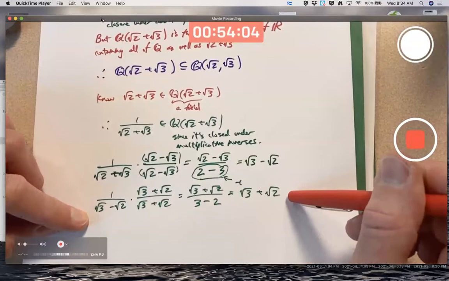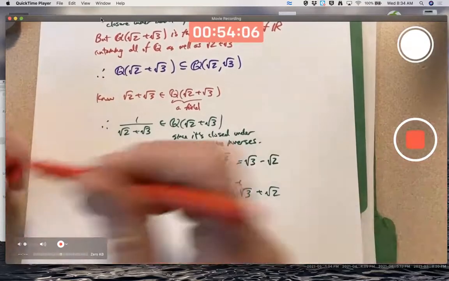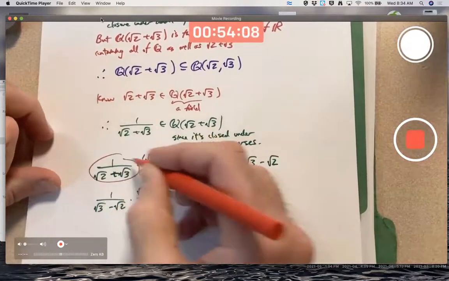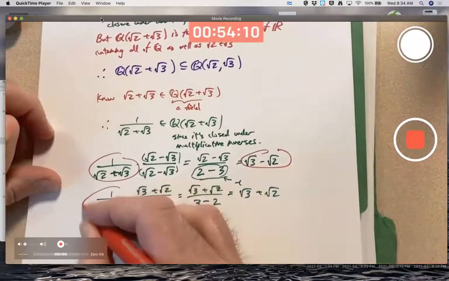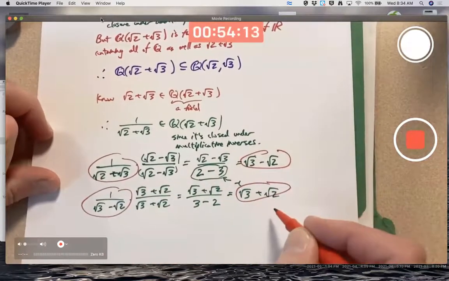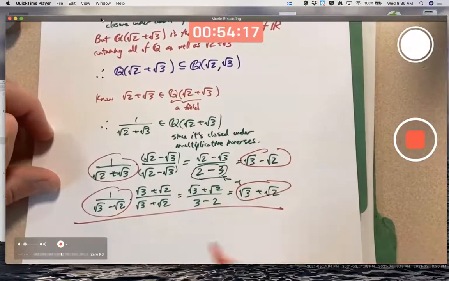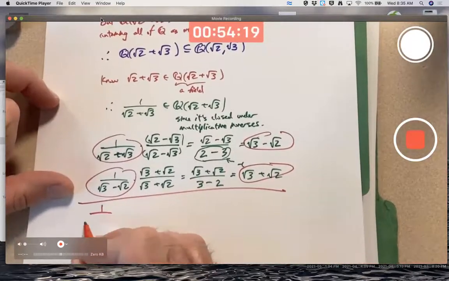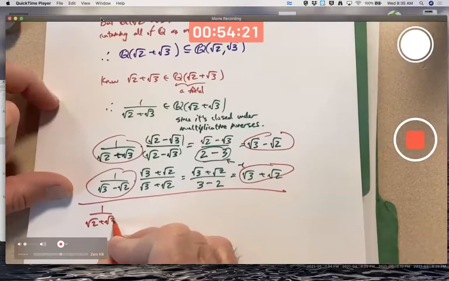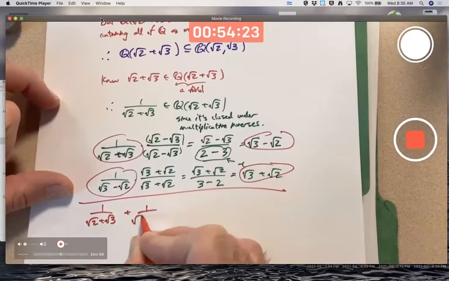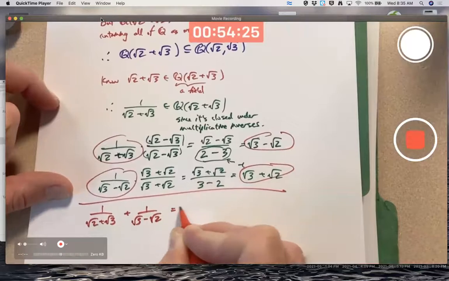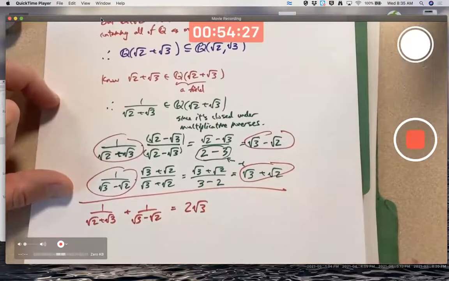And what happens if I add these two equations? The root 2's are going to cancel, leaving me 2 root 3 when I add them.